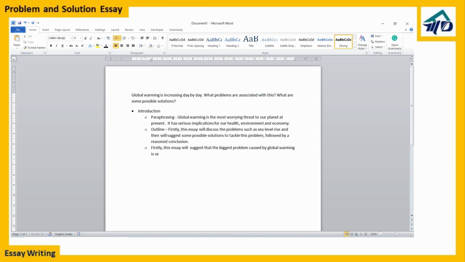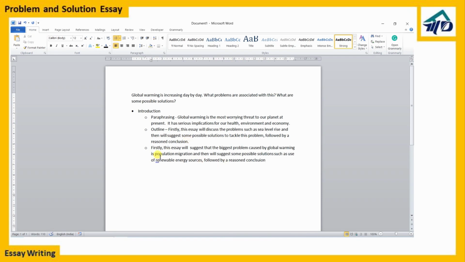So I can even write that also, let's say, population migration. I can write that point also. And then will suggest some possible solutions, such as the use of renewable energy sources, followed by a reasoned conclusion.